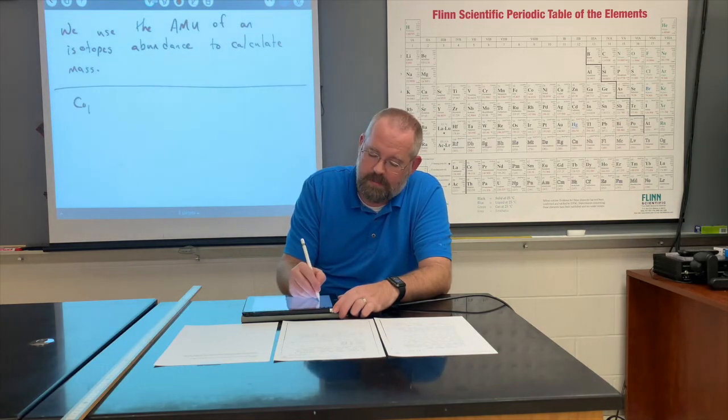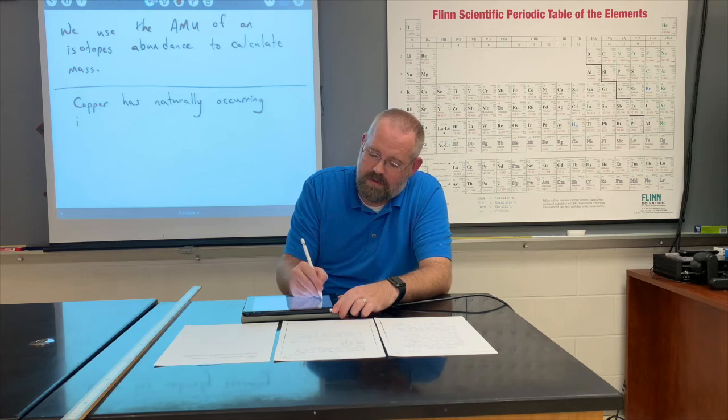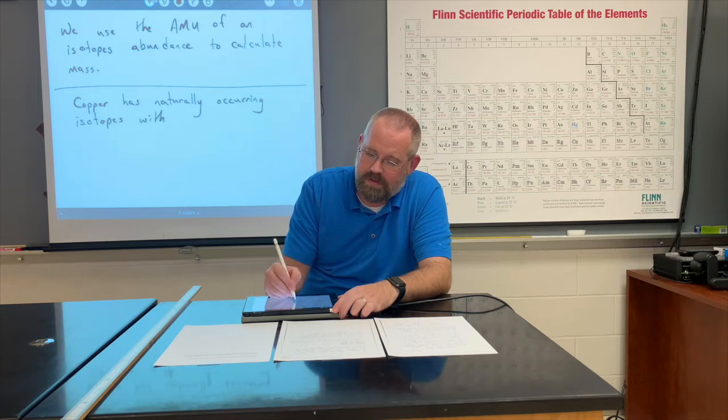The element copper has naturally occurring isotopes with mass numbers of 63 and 65.